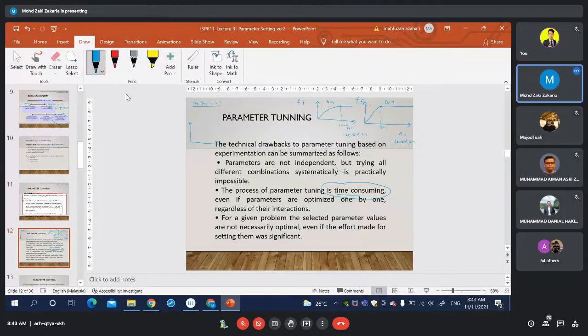Look at the pattern. This is the number of iterations. This is the fitness function. For the first iteration, you select the best fitness value from the list of chromosomes. Maybe the point is here. The second iteration maybe at this point.